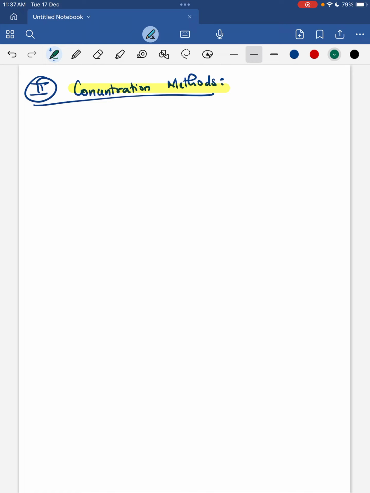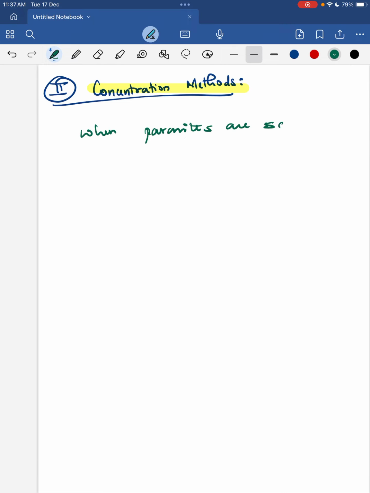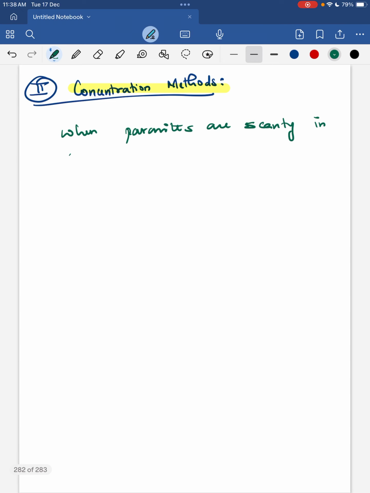So only when parasites are scanty in stool, we use concentration method. So it is necessary to concentrate protozoan cyst and helminthic eggs and larva for identifying the species.